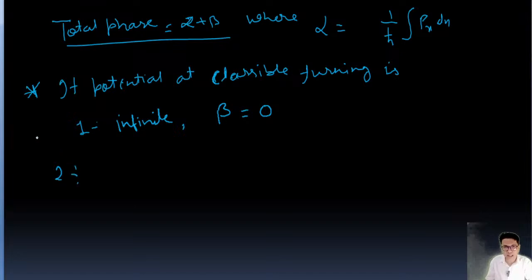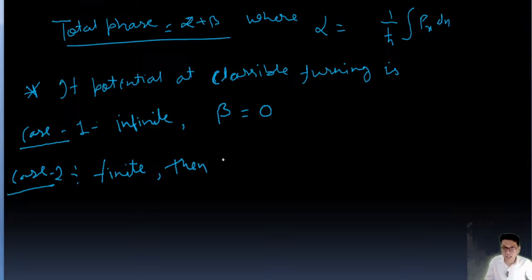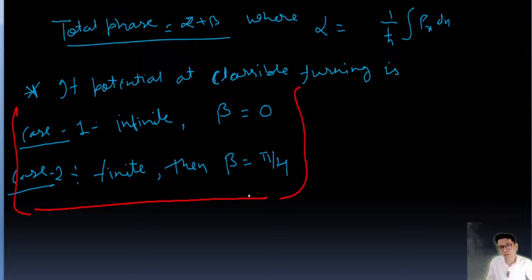And this is case 2: if it is finite, then the value of beta is going to be pi by 4. Very important point, right? Note it down and memorize it.